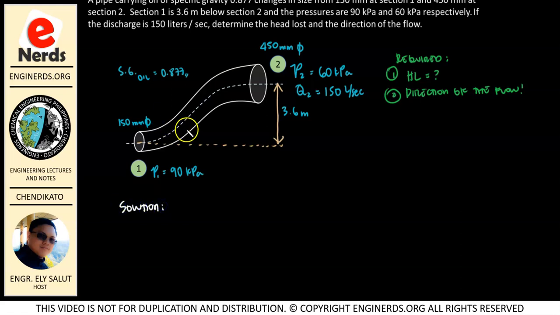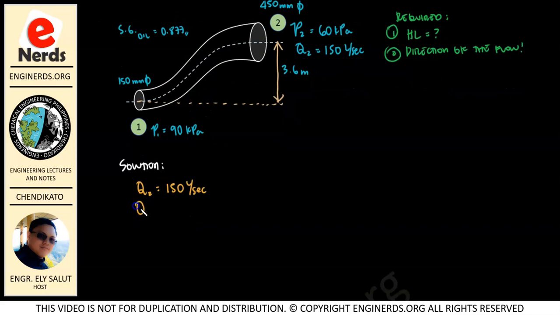First, we need to understand that what we have here is a pipe. Therefore, if our discharge is equal to 150 liters per second, that means what enters here is also 150 liters per second. So if our Q2 is equal to 150 liters per second, that means our Q1, which is also equal to Q2, is also equal to 150 liters per second.